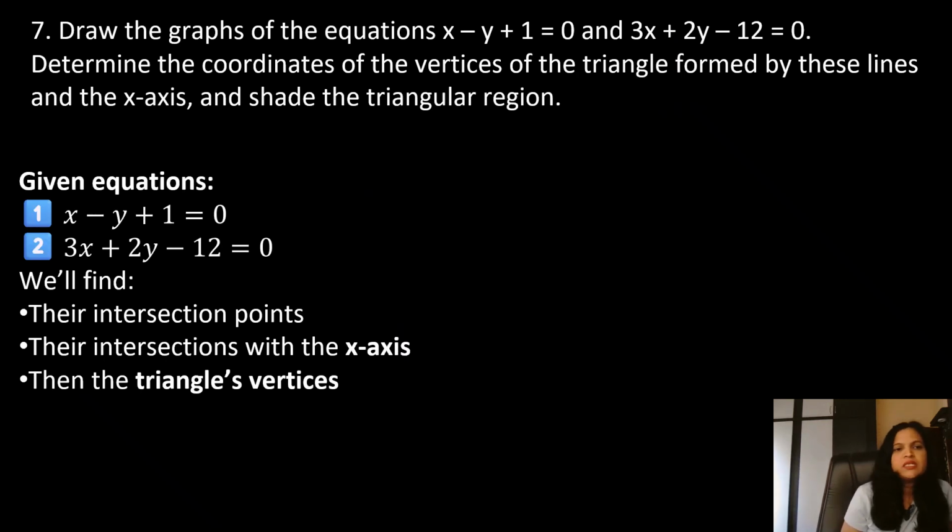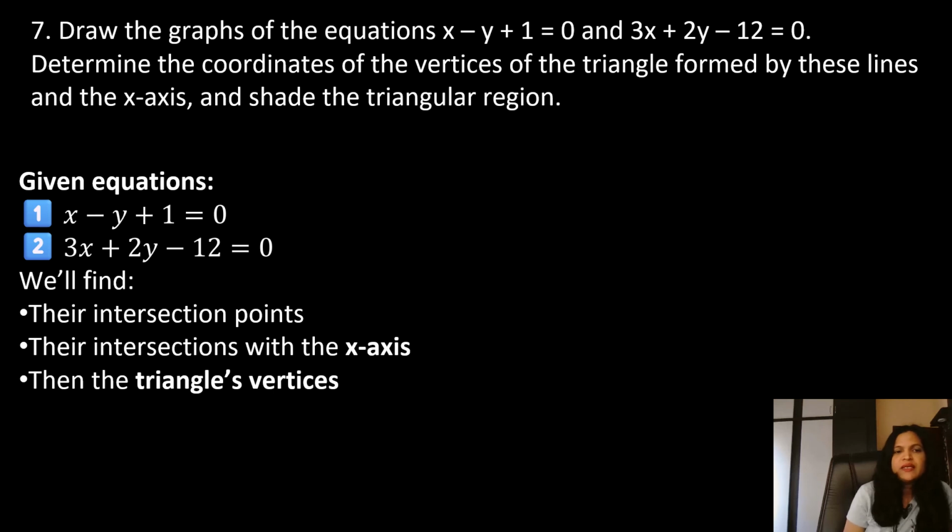Next, seventh one. This is the last sum of this exercise 3.1. Seventh one: draw the graphs of equations x minus y plus 1 equal to 0, one equation, one line, and 3x plus 2y minus 12 equal to 0. Determine the coordinates of the vertices of the triangle formed by these lines and the x-axis, and then shade the triangular region.